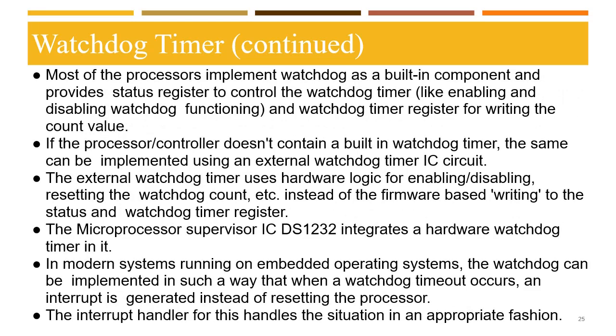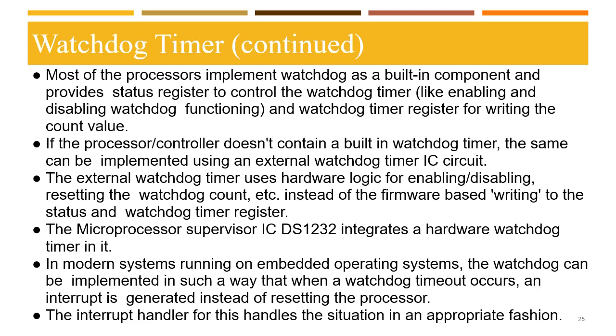Most processors implement the watchdog as a built-in component, and they provide separate status registers to control this watchdog timer and the watchdog timer register for writing the count value. If the processor or controller does not contain a built-in watchdog timer, the same has to be implemented using an external watchdog timer IC circuit.